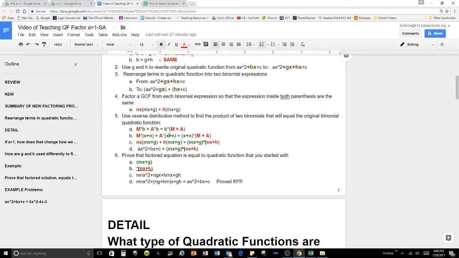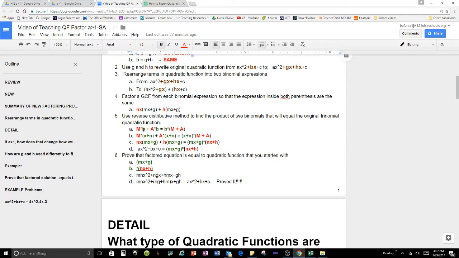And so it's the same, because if you multiply b times the parentheses m plus a, b will distribute across both m and a. And that's called the distributive property. When you take b and you multiply b times m plus a, it gets distributed across both m and a.